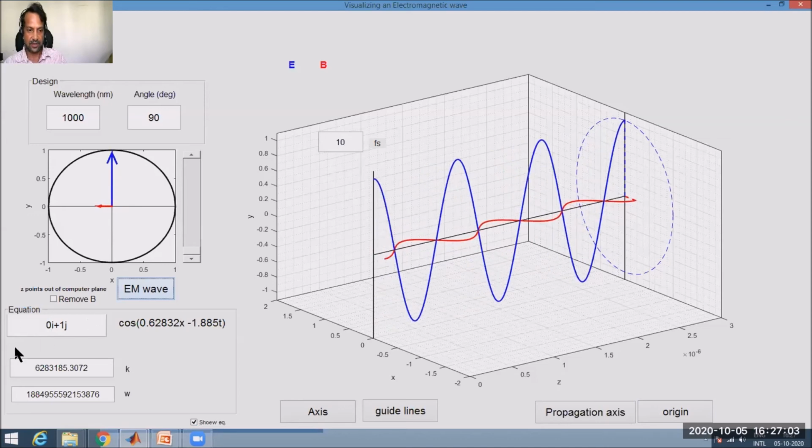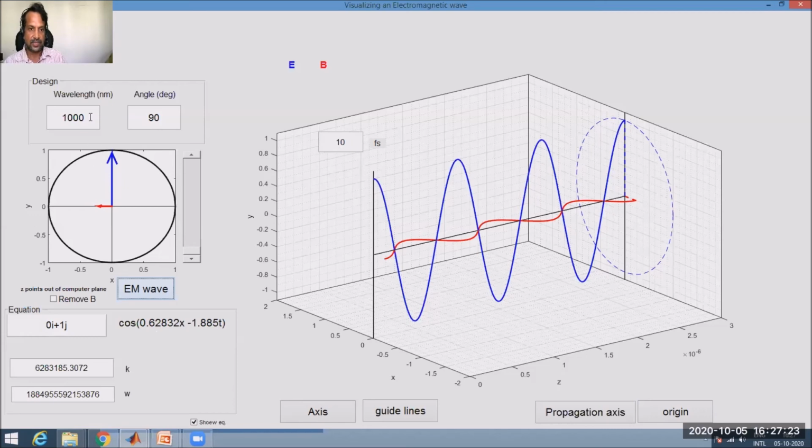So we can see that now the amplitude term is itself a vector. k and omega, the magnitude is very high. Omega is of the order of 10 power 15 radians per second, and k is of the order of 10 power 7 radians per meter.